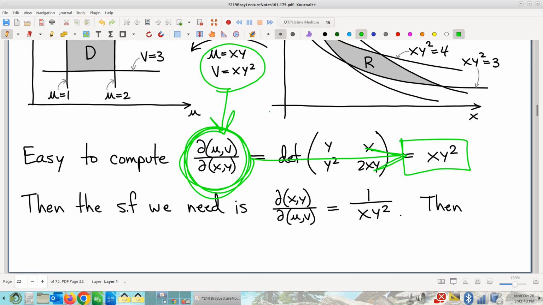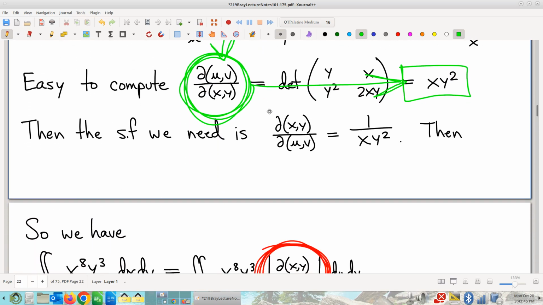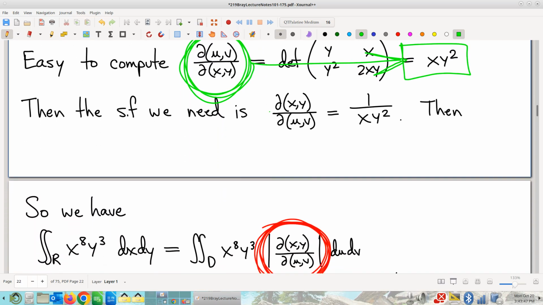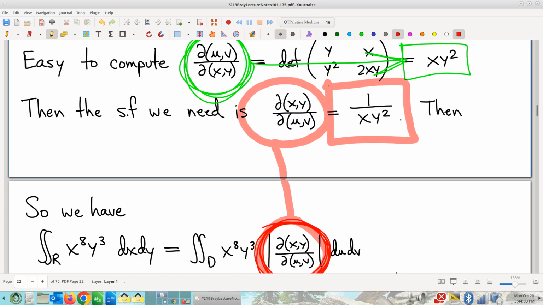Let's see if I can fit this all. Yeah, close enough. So I have partial uv, partial xy. I need partial xy, partial uv, so I can compute the thing that I need as the reciprocal of this thing that I have.